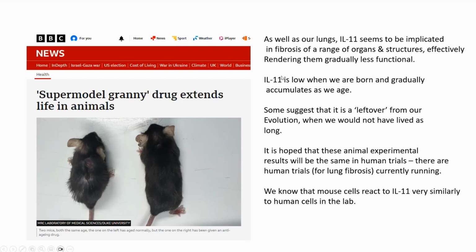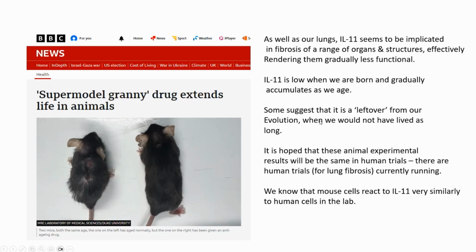Okay, largely said that IL-11 is low when we are born and gradually accumulates. There's even a suggestion that this is something that is a leftover from when we evolved over a long time. Human Homo sapiens history is around about 1 million years now, I think.